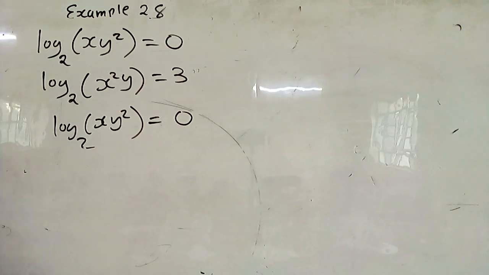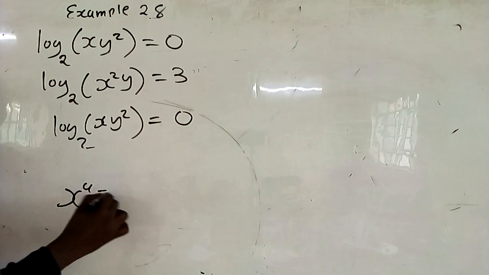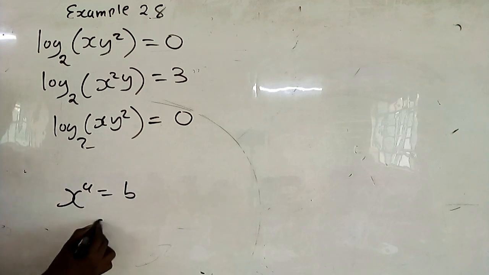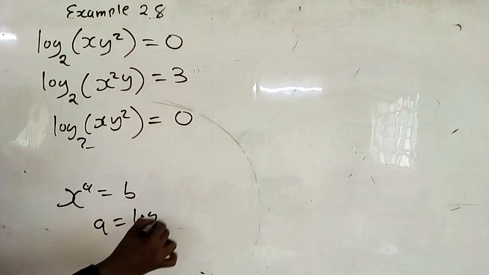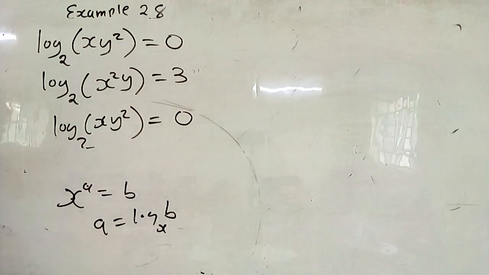Or you say by definition, when you have x raised to power a equals b, then the index a is the logarithm of the corresponding number b to base x.